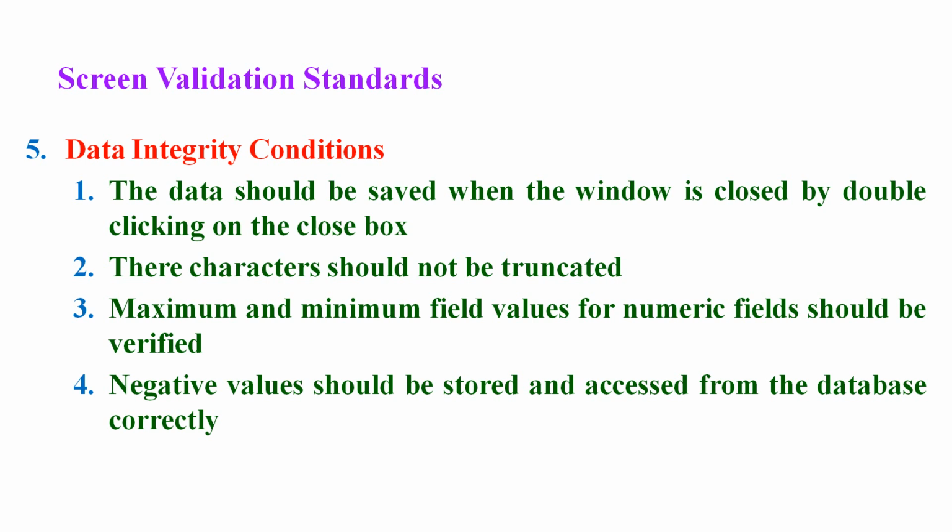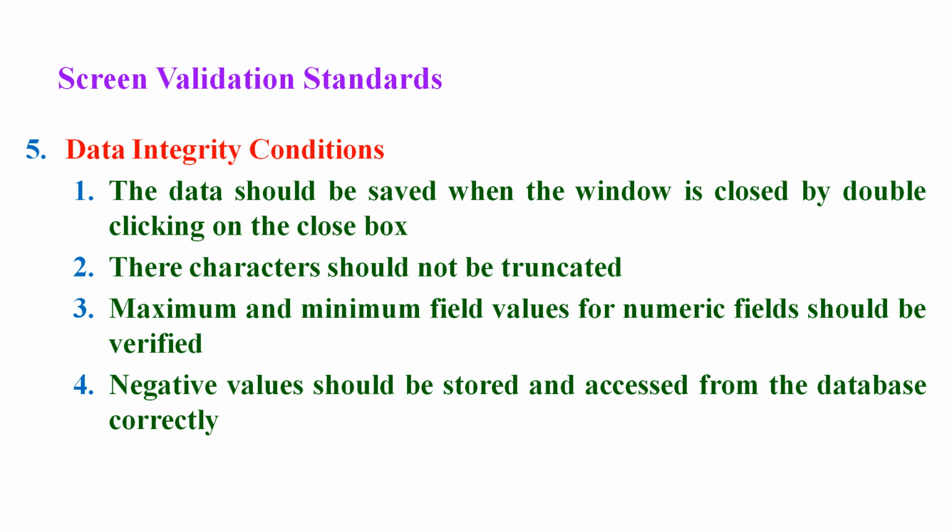Next, maximum and minimum field values for numeric fields should be verified. For numeric fields, you have to test whether the maximum number of numeric values is accepted by the system, and whether the minimum number of numeric values is accepted by the numeric fields. That you have to verify.